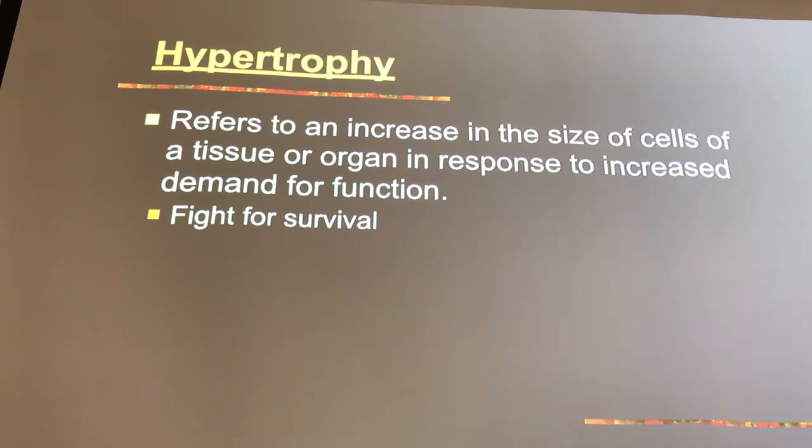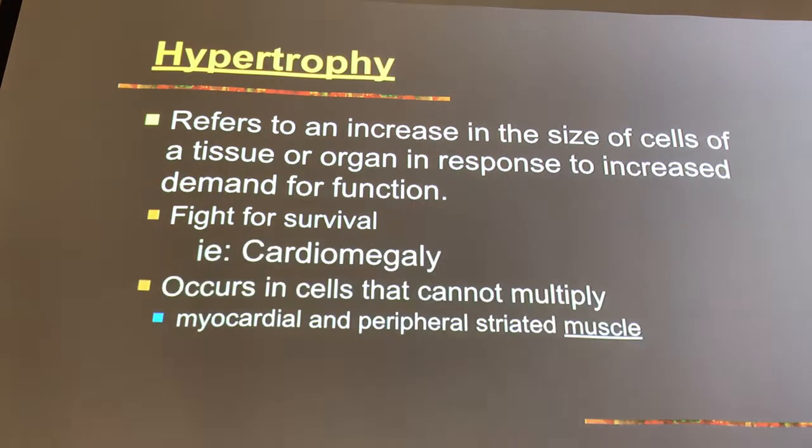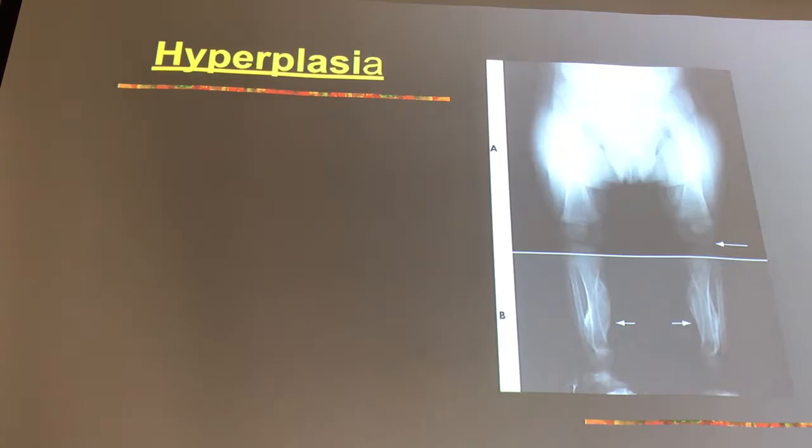This is kind of the fight or flight thing. Cardiomegaly is one of them. Does that make sense? We haven't covered that yet, but you get that, right? The heart's having to get bigger to compensate for, uh-oh, I can't move what I need to move. So that's what they're talking about.